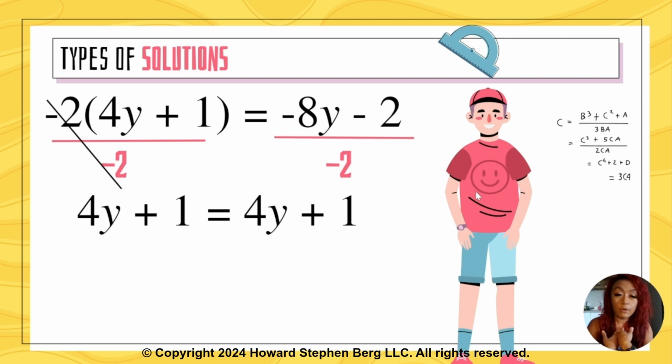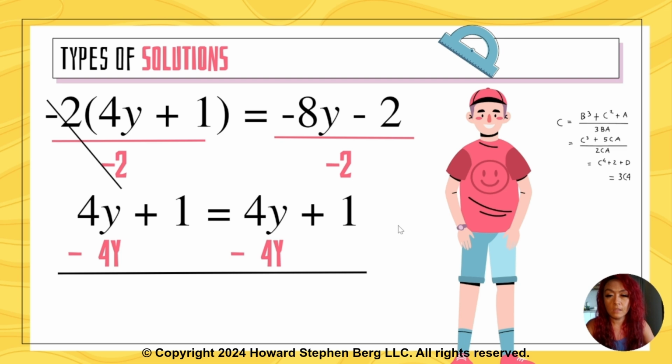So I already notice at this point, both sides of the equal sign are exactly the same. If you notice this at this point, you can stop the solving process now. But if what you're noticing is that we have variables on both sides of the equal sign, we can continue to solve by collecting our variables on one side and subtracting 4y on both sides.